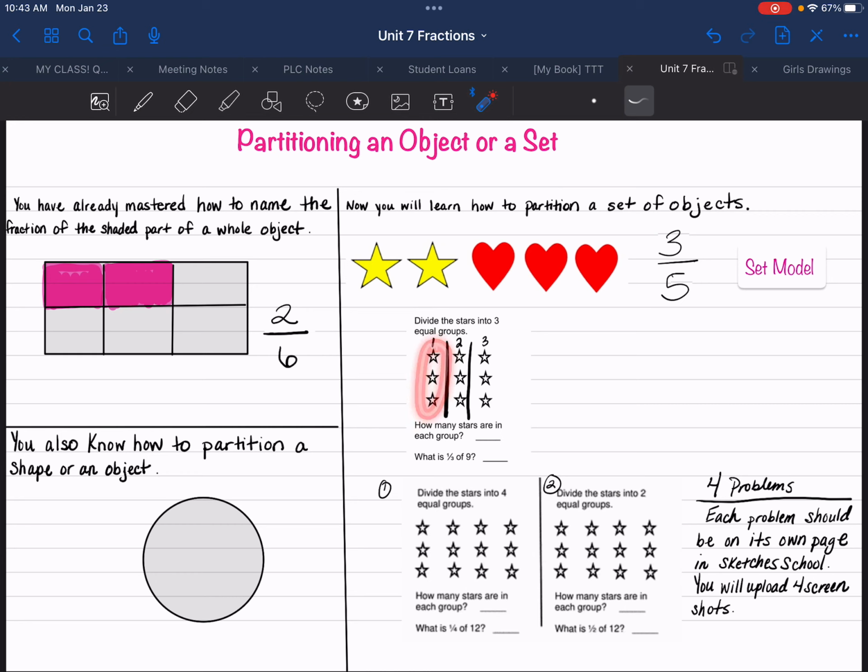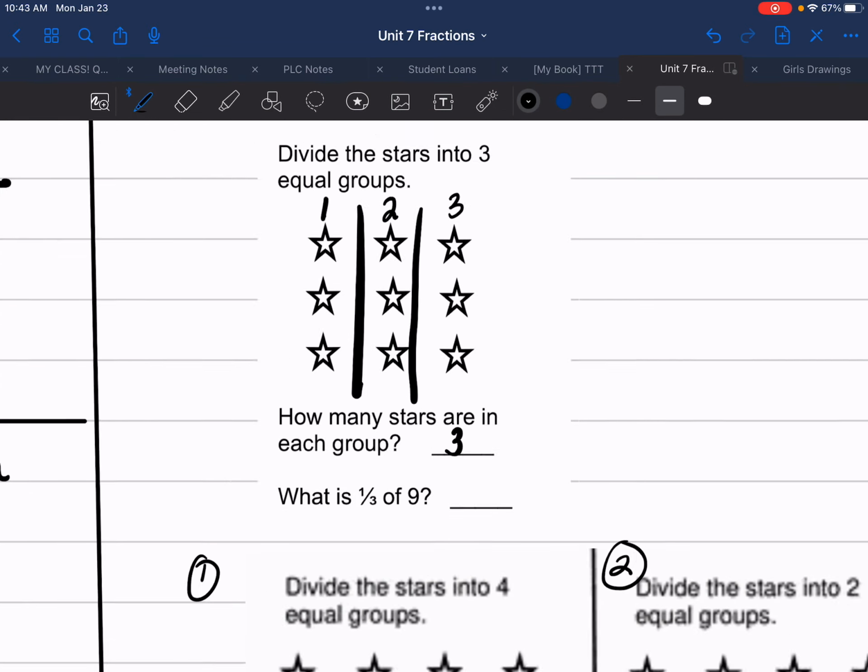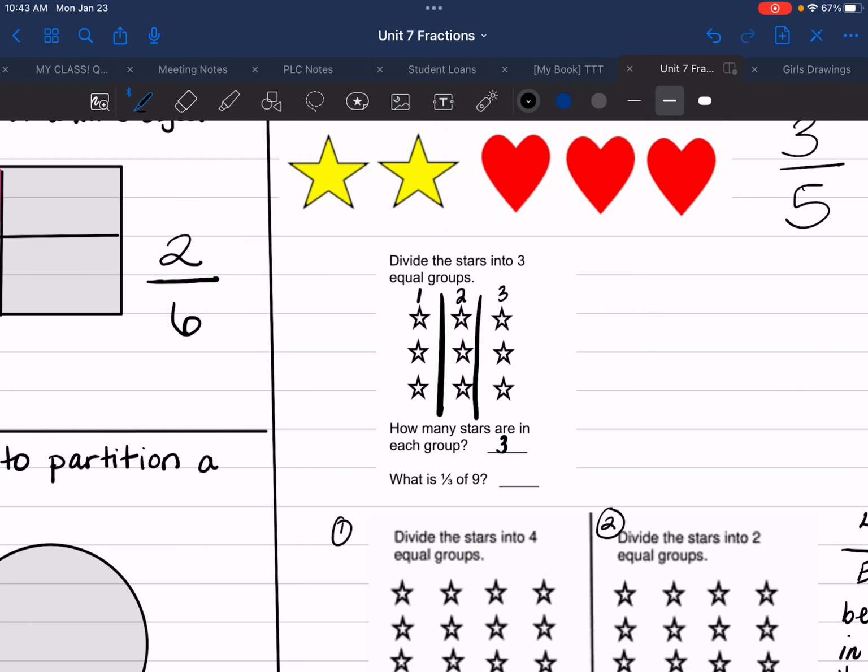1, 2, 3, 1, 2, 3, 1, 2, 3. Each group has 3 stars. So now it asks, what is 1/3 of 9? Well, since now I have my stars separated into 3 equal groups, I know that this is a third, this is a third, and this is a third.